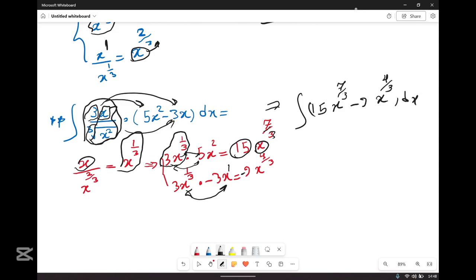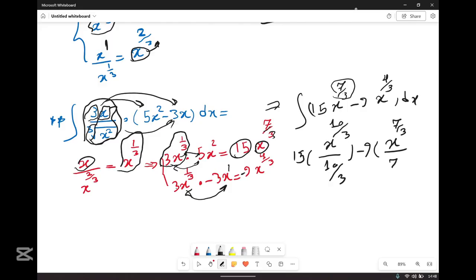Okay, right now it's so simple. If you add 1 to this power, it is 15 x power 10 over 3, exactly 10 over 3 in the denominator, minus 9 x power 7 over 3 divided by 7 over 3 plus c.